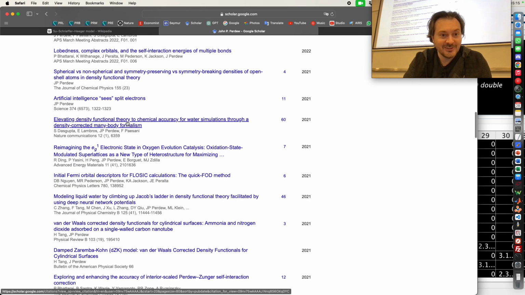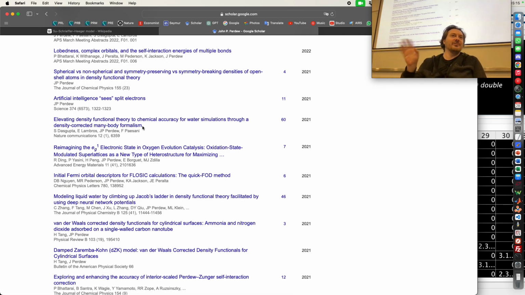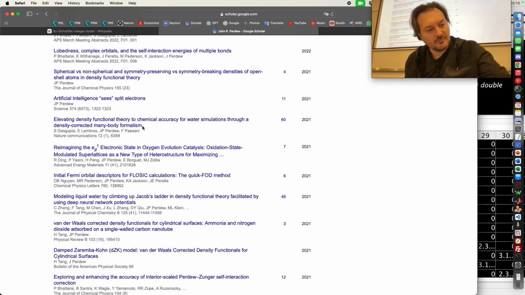Elevating density functional theory to chemical accuracy for water simulations through a density-corrected many-body formalism. So they are really in the kitchen of this thing, and me personally, I'm eating. I mean, they are preparing density functionals, and we are just using them in our calculations. Okay? And we cite them.